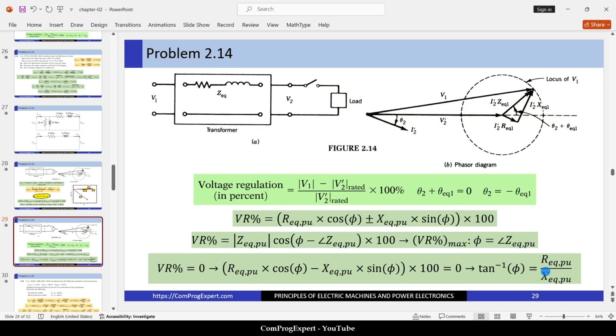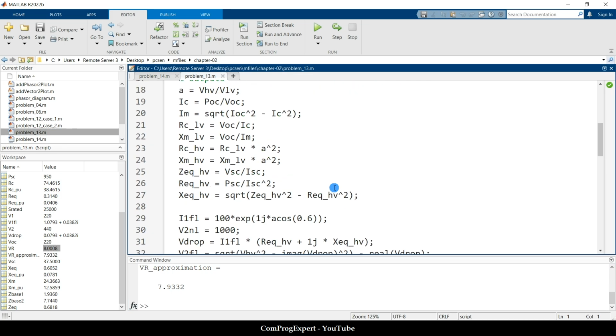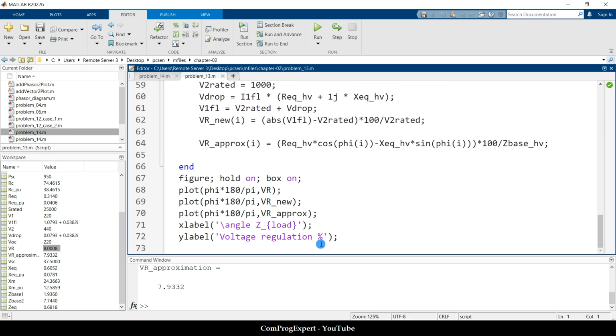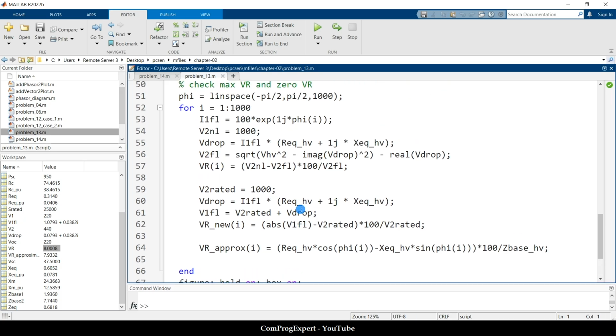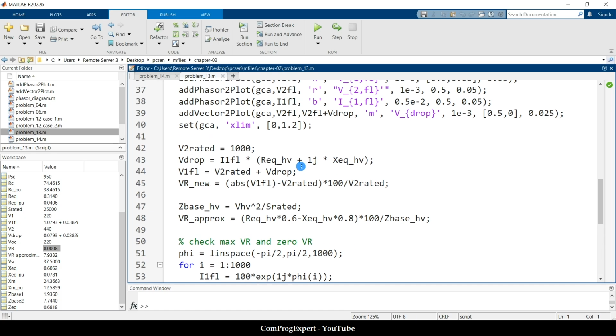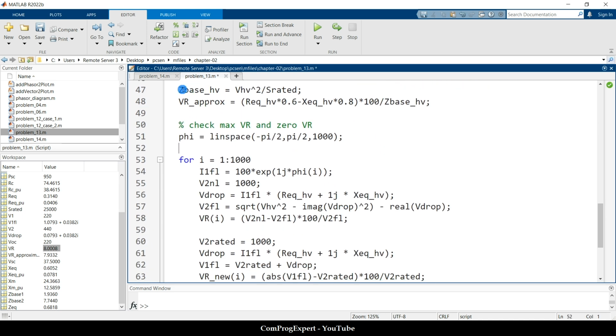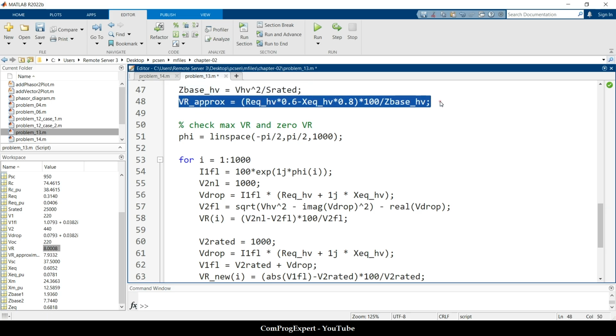So how can we investigate these two important points? Here, for the previous problem 13, I wrote this code. Here I changed the value of the phi at the end of this M file. I calculated the Z base for the high voltage side, and this is the VR approximation.